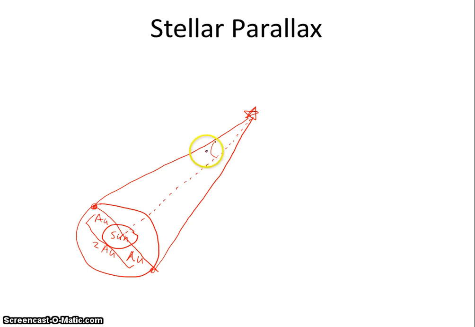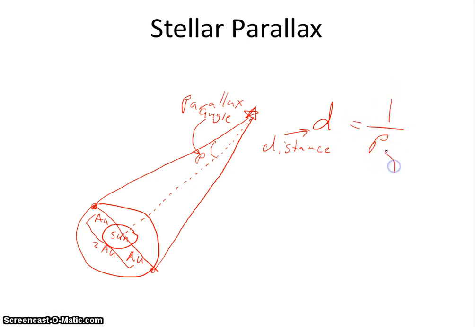We can take the angle, we'll call it angle P, for parallax angle, and using the equation d for distance is equal to 1 over the parallax angle, we can compute this distance.